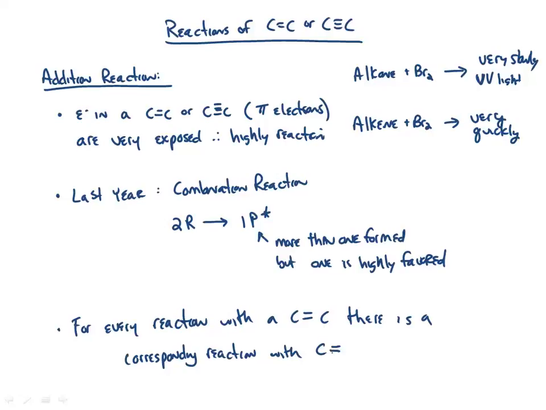So what you'll find is that most of my examples will probably be with carbon-carbon double bonds, just because they're a little easier to see what's happening. It's a little easier to just focus in on the one step. And then realize that for every reaction I show you with a double bond, we can also do that reaction with a triple bond for this. You guys with me so far?